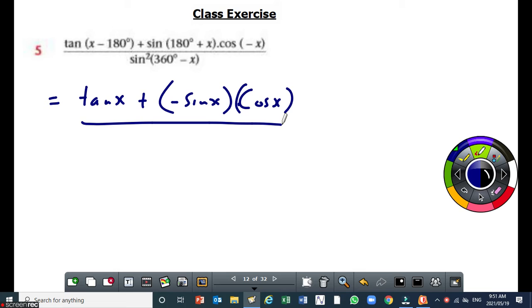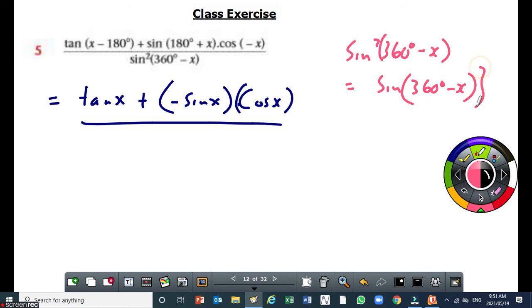Now, to simplify the denominator, I want you to be aware that the denominator there, sine squared(360 degrees − x), is the same as (sine(360 degrees − x)) all squared, like this. So this will give you (−sine x) squared, which is equal to sine squared x. Okay?